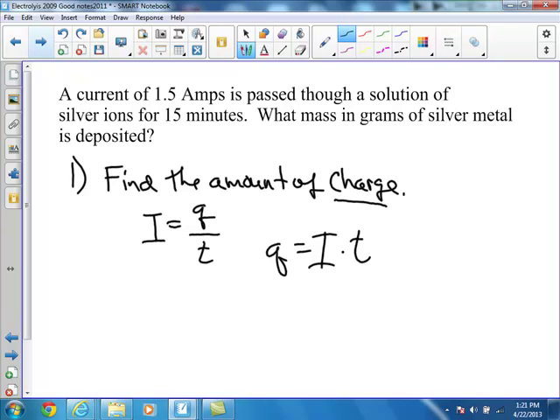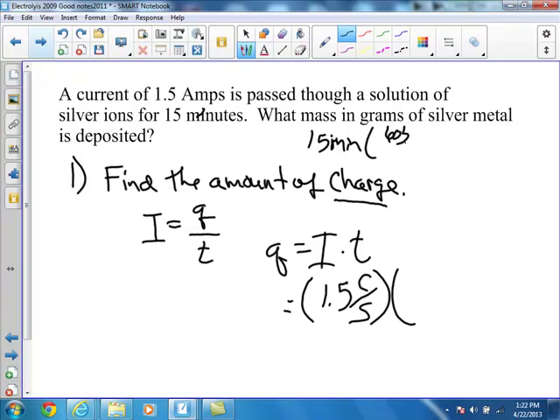You're going to have to change the time to seconds, because current is 1.5 amps, and an amp is a coulomb per second. So I cannot multiply this by 15 minutes. A quick side calculation: 15 minutes times 60 seconds per minute is 900 seconds.